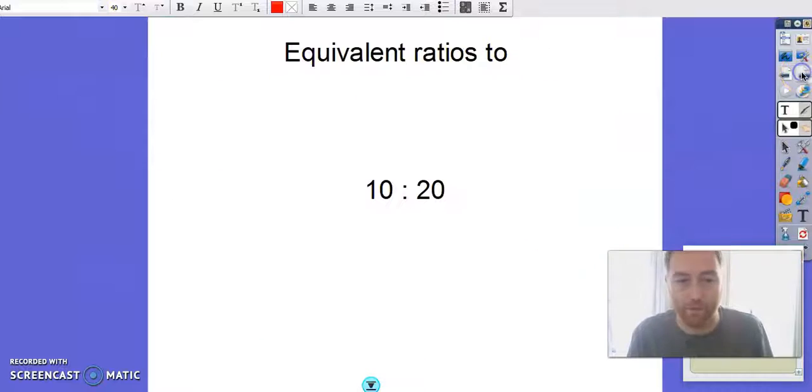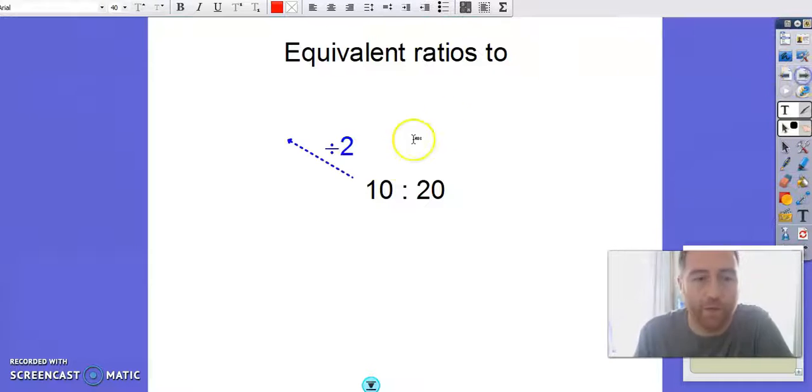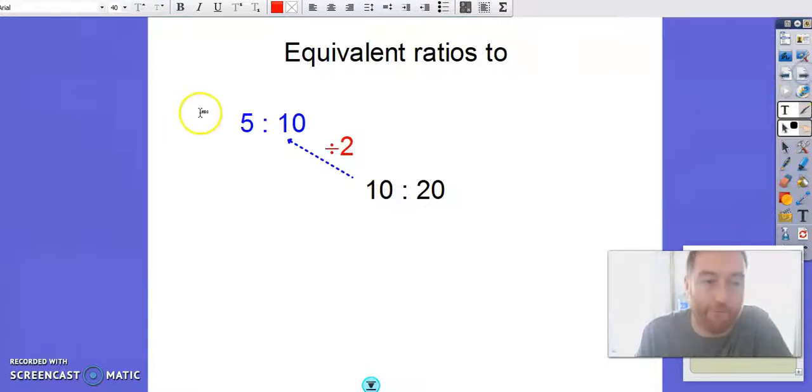And let's have a look at some more. So let's have a look at some equivalent ratios to 10 to 20. So we need to think what can divide into 10 and 20, but we can also multiply. So let's have a look at some dividing ones. If I divide both sides by 2, both even numbers, we get 5 to 10. 10 divided by 2 is 5, 20 divided by 2 is 10.